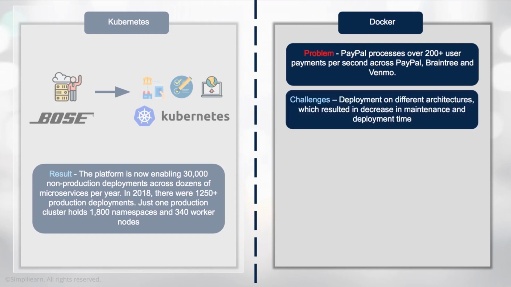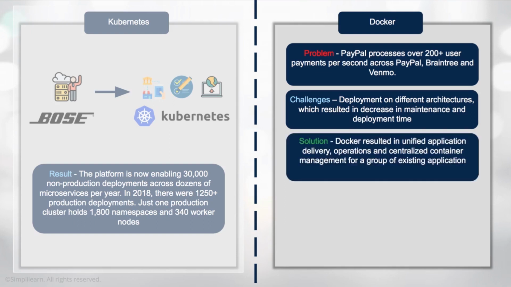So the challenge that PayPal was really being given is that they had different architectures which resulted in different maintenance cycles and different deployment times, and an overall complexity from having a decades-old architecture with PayPal through to a modern architecture with Venmo. Through the use of Docker, PayPal was able to unify the application delivery and be able to centralize the management of all of the containers with one existing group.